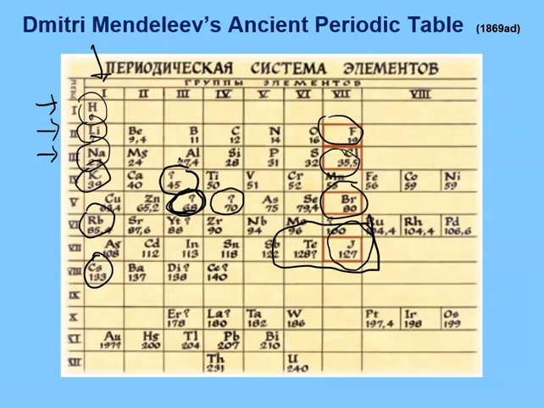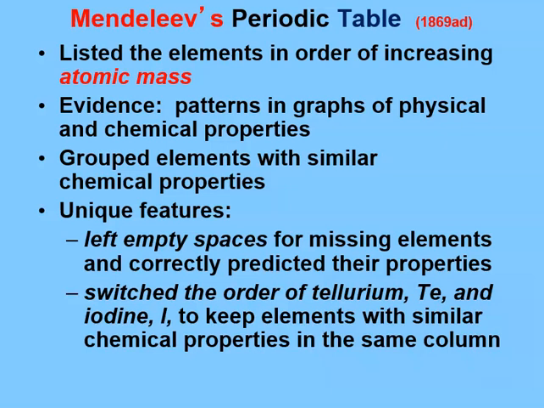We later found out about neutrons and found out that tellurium had a few extra neutrons, and so that's why its atomic mass was heavier than the others. But you can see Mendeleev's periodic table was very unique. He left empty spaces for missing elements, correctly predicted their properties, and he switched the order of tellurium and iodine to keep iodine with elements that had similar properties.